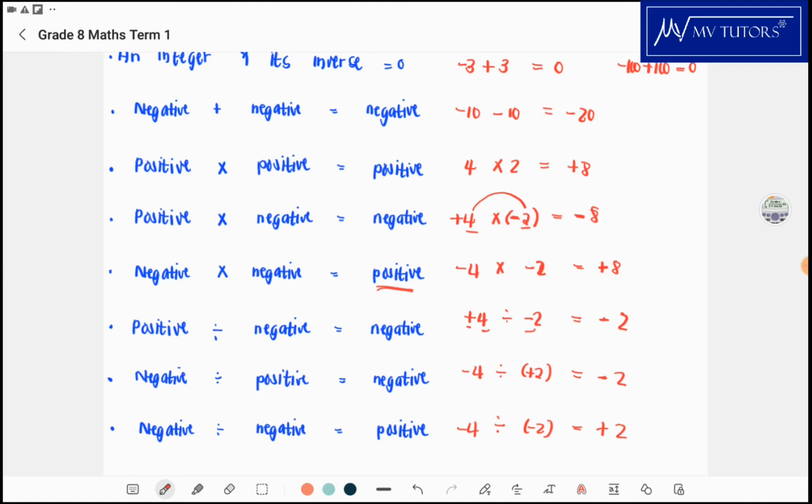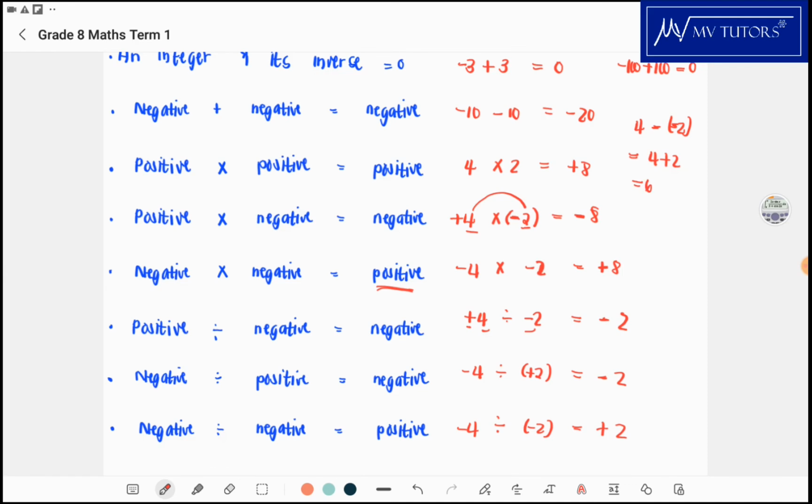So in summary, when you are adding or subtracting, adding negative numbers will give you negative results. Okay, if you were to have 4 minus 2, remember negative and negative gives you positive.